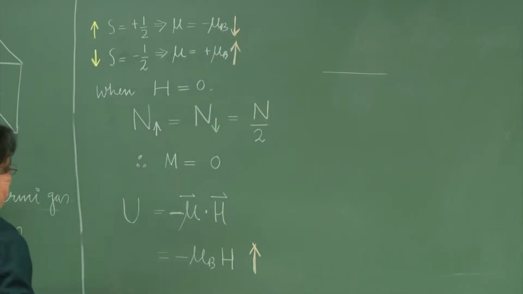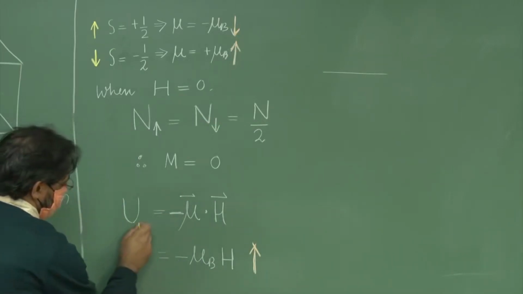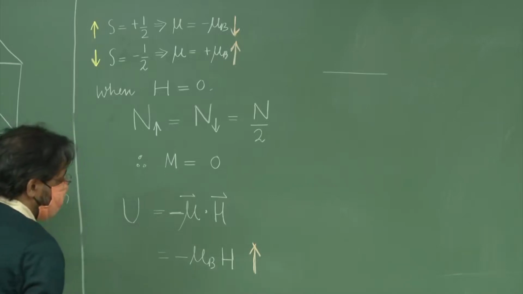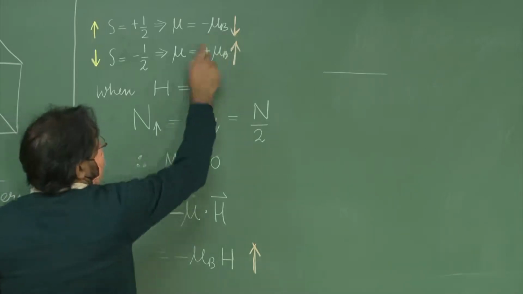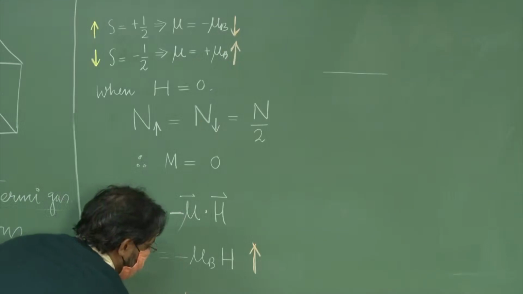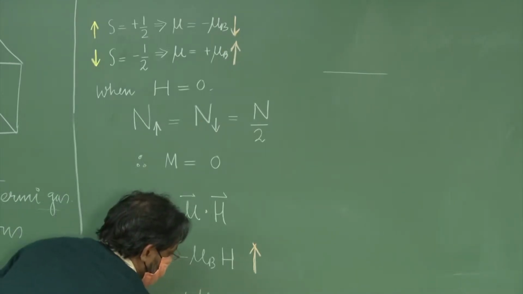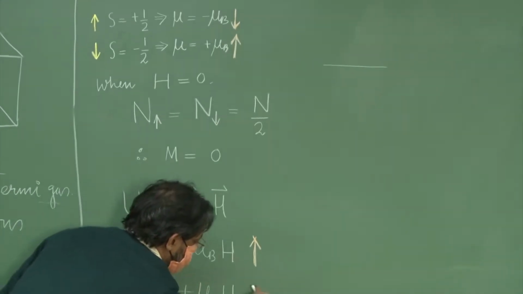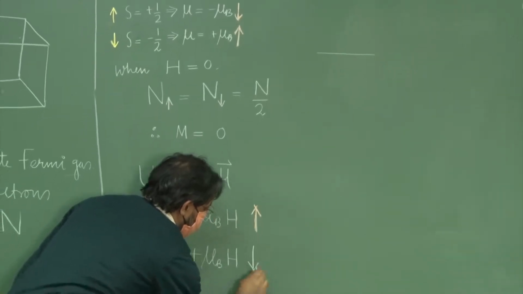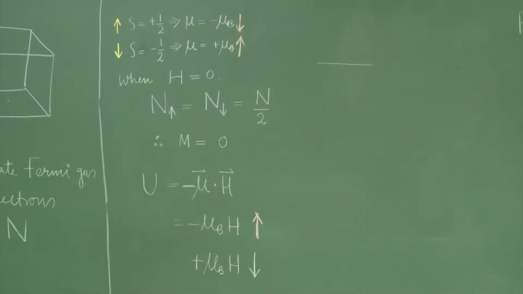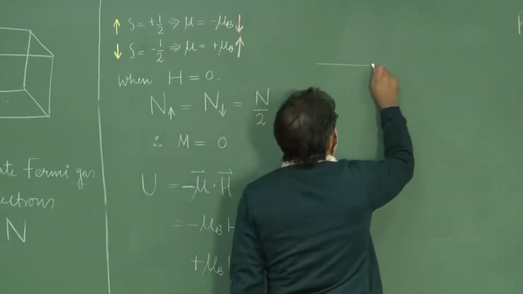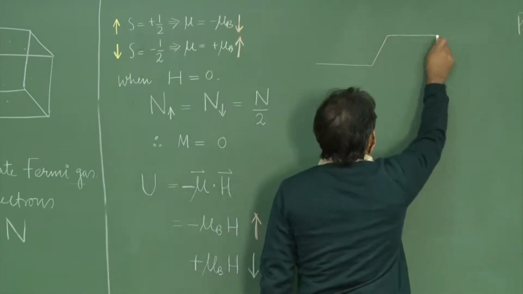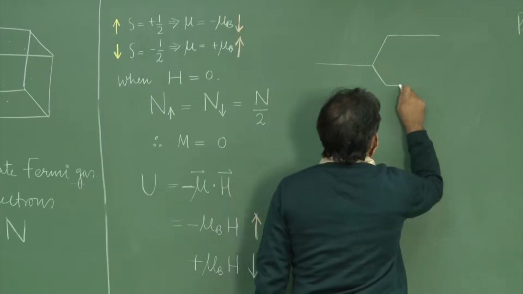Okay. So this orientation is not for the spin but for the magnetic moment. And similarly, this energy will be plus mu b h when the moments are pointing in the downward direction. Okay. So therefore, this is how the degeneracy is going to get lifted.